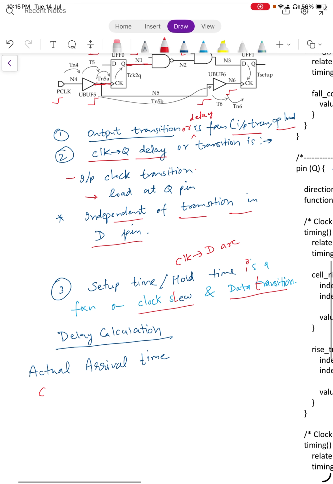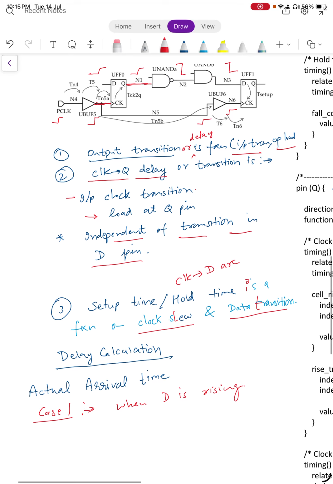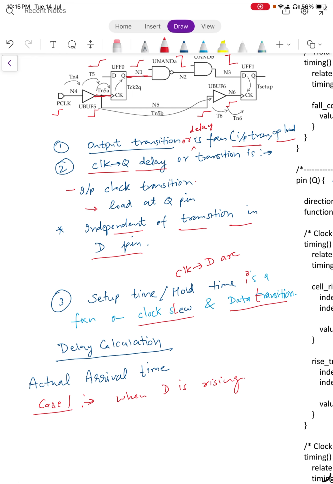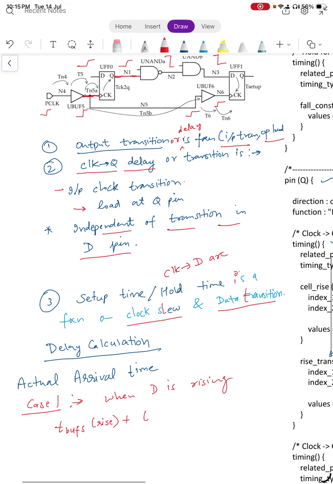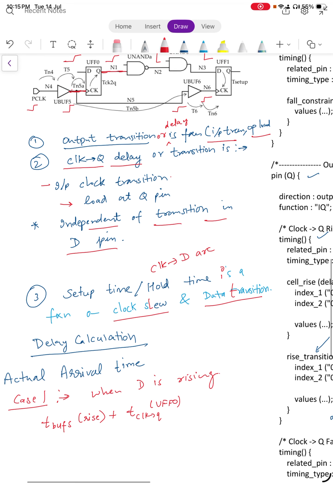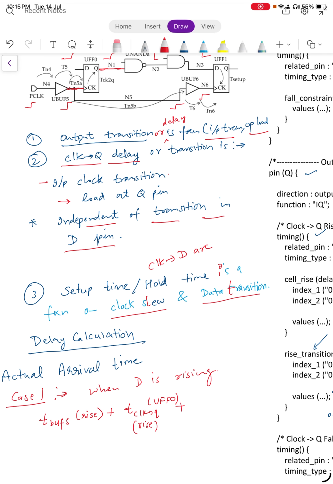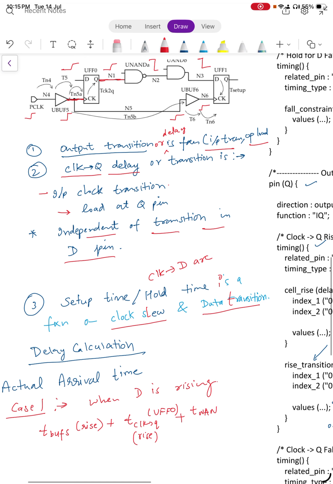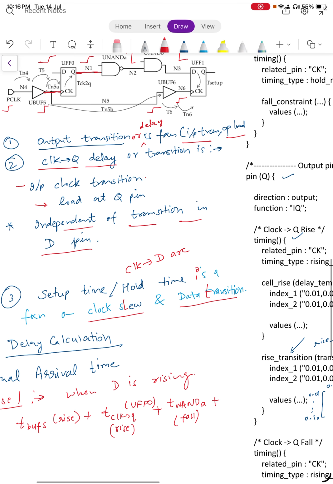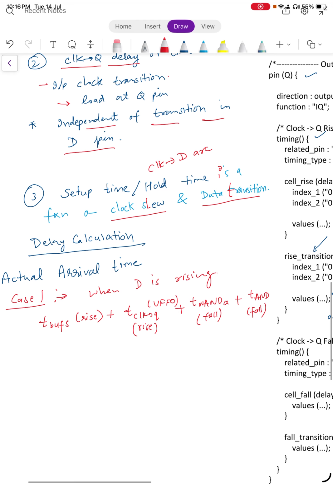For case 1, when D is rising: T buff 5 rise, which is the rise delay, plus T clock to Q of UFF0, which is also rise, plus T NAND A, which is fall, plus T and, which is also fall. So this is case 1.